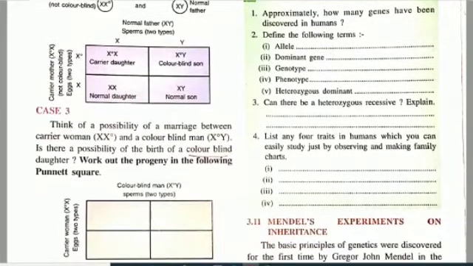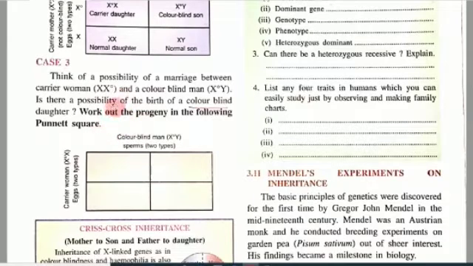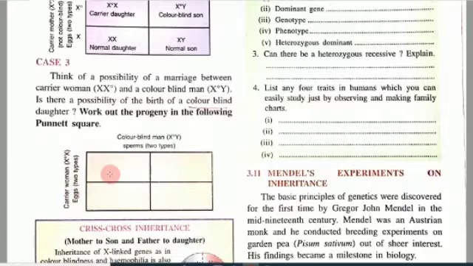For the third case, a blank is given, and you have to fill in the crossing. Here the third case is a color blind man, X dot Y, with 2 types of sperm, and a carrier woman, X dot X, with 2 types of X. Fill in the columns: the first column will be X dot and X dot, completely color blind daughters.